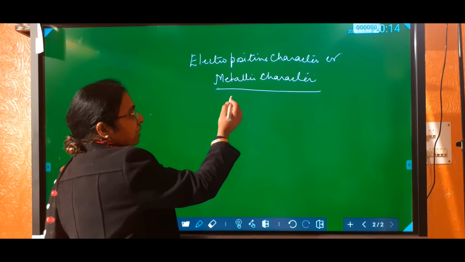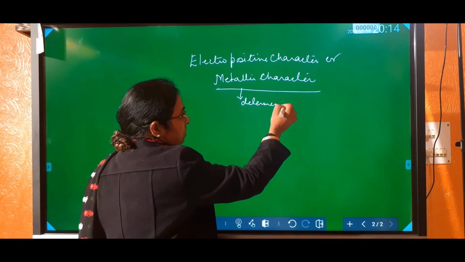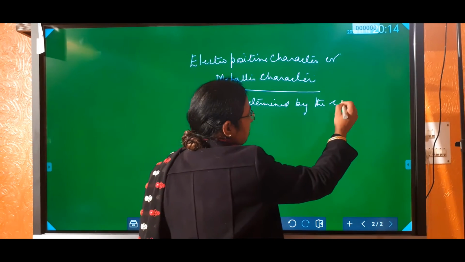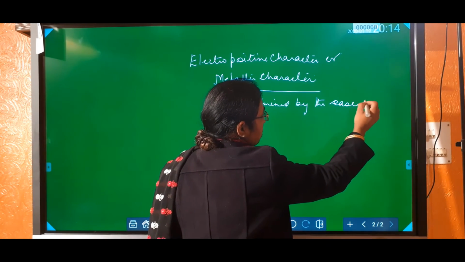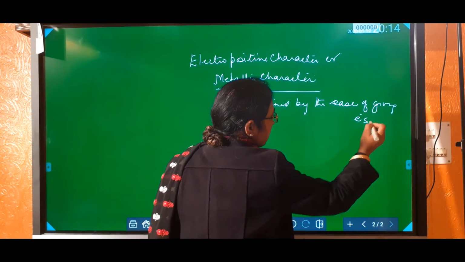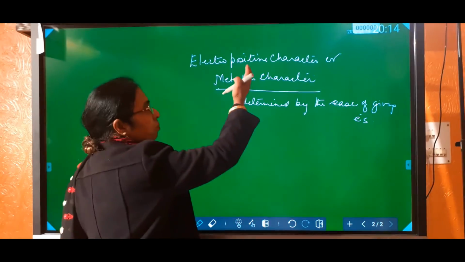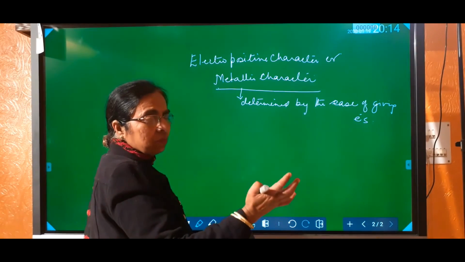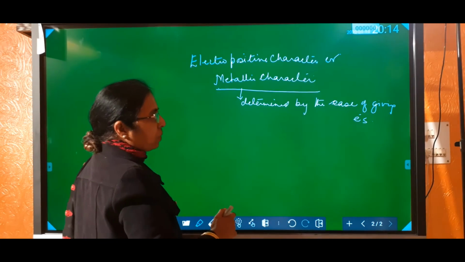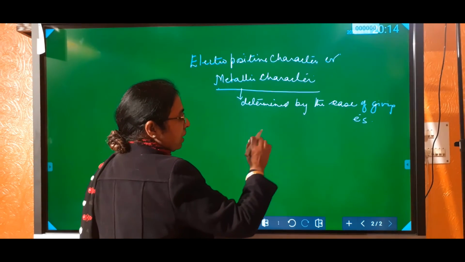It is determined by the ease of giving electrons. When electrons are given, the atom becomes a positive ion, a cation. So this is determined by the ease of giving electrons.